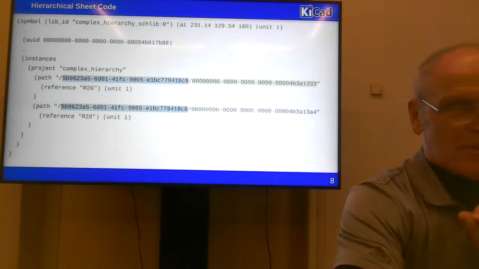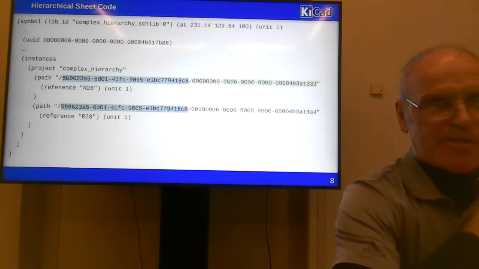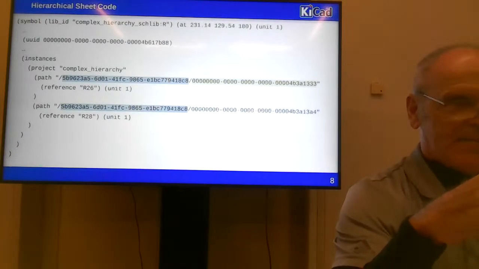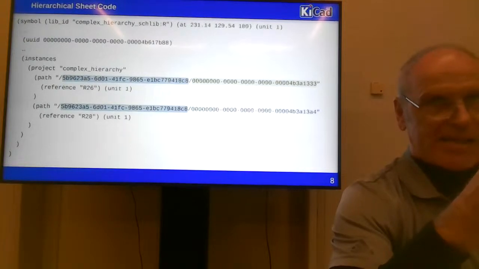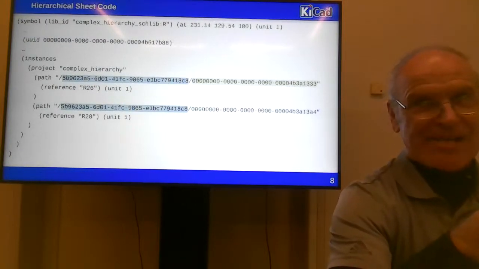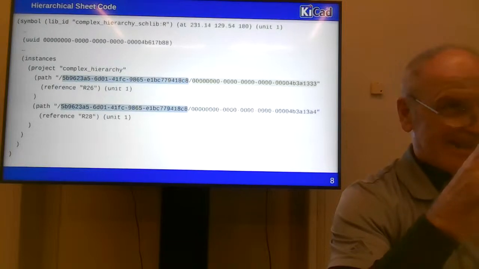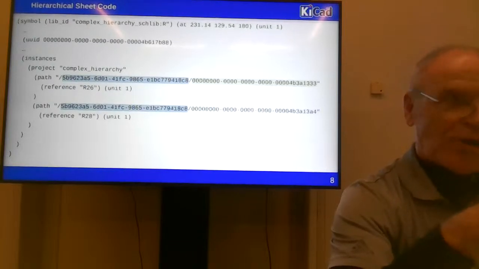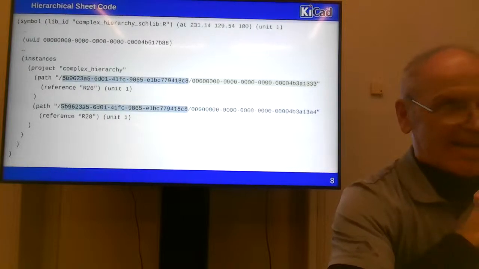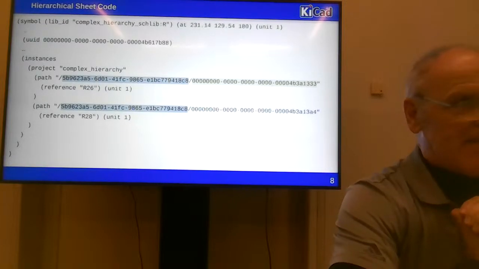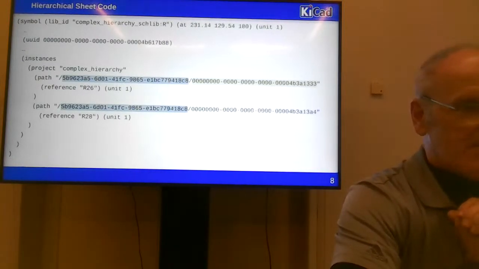Otherwise, you'll miss things. A mistake a lot of people make is they say, oh, this is a schematic, and they do the connectivity check on that schematic. But as soon as you share that schematic, you have to do that connectivity check for every instance of it, because that's the full connectivity, not just the schematic. Every time you reuse that schematic, it has to calculate a set of connections for that particular instance. So it's important that you understand that.